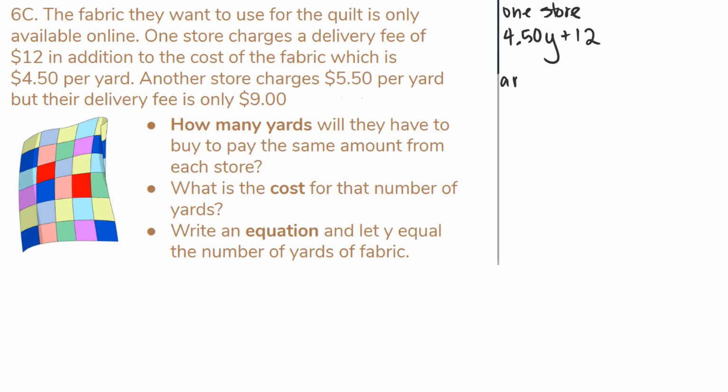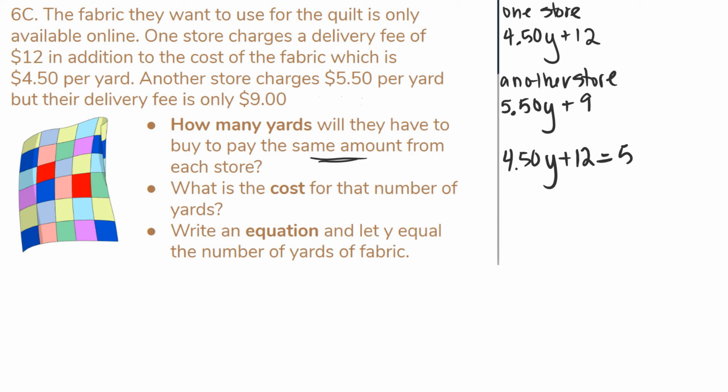Another store charges $5.50 per yard, but their delivery fee is only $9. How many yards will they have to buy to pay the same amount, which means equals? So we're going to set 4.50y plus 12 equal to 5.50y plus 9 to figure out the first bullet there.